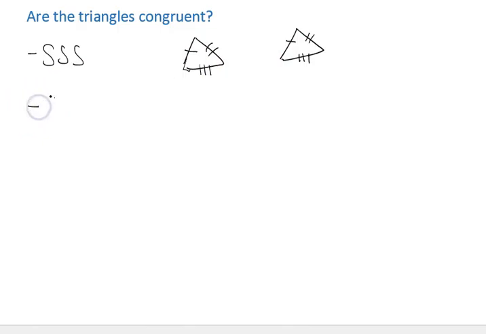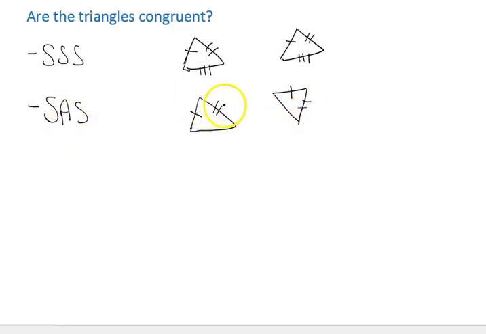If you are in another situation called side, angle, side, you will have two triangles, and I'm going to turn this one around the other way. And forgive my drawing, please. But in this situation, you'll have matching sides, two sets of those. The angle falls between the sides over here.